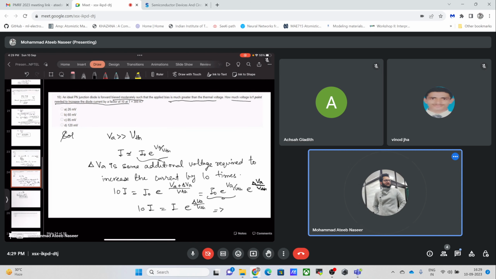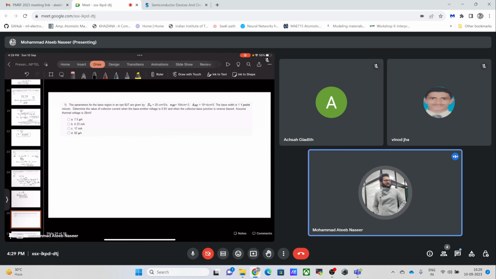Okay, now let's move towards some problems of bipolar junction transistors, and let us just get started with this BJT itself, and let's try to see how much we can solve in this lecture itself.